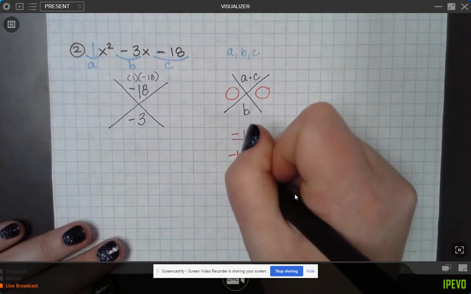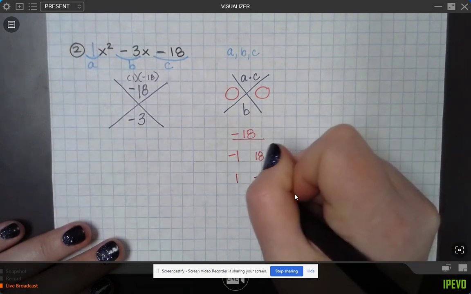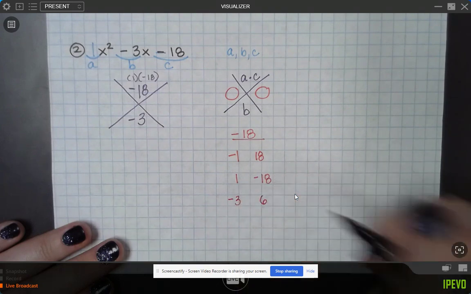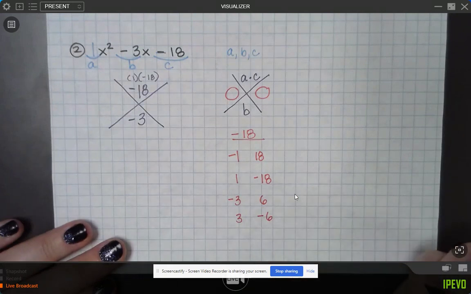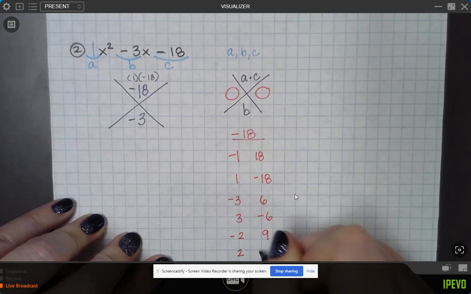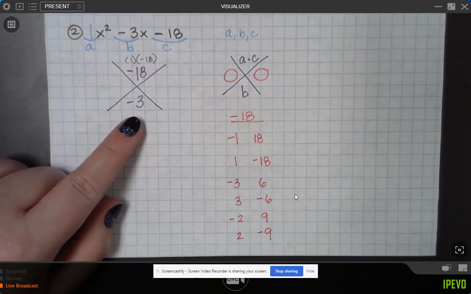It could be negative 1 and a positive 18. It could be a positive 1 and a negative 18. We could have a negative 3 and a positive 6, a positive 3 and a negative 6. We could also have a negative 2 and a 9, and a 2 and a negative 9. And we're going to check all of them because remember, our goal is to add up to negative 3.